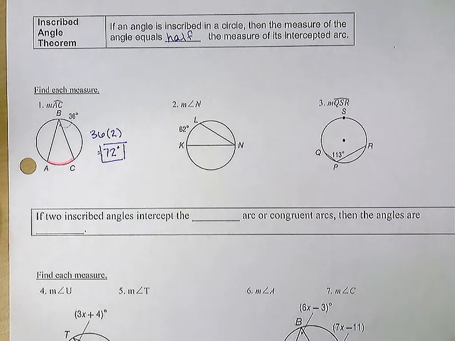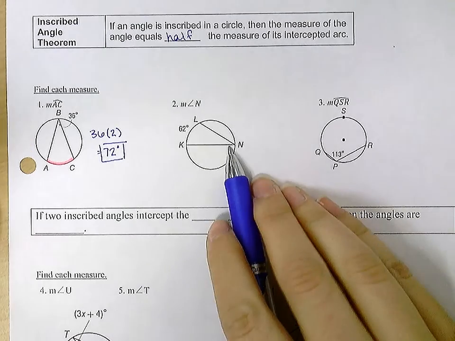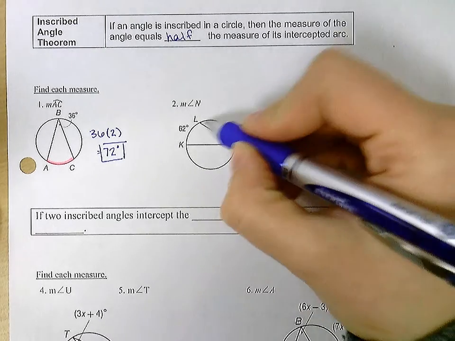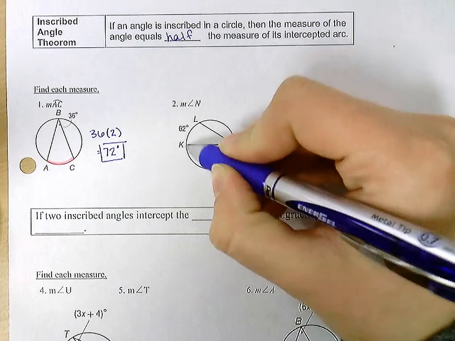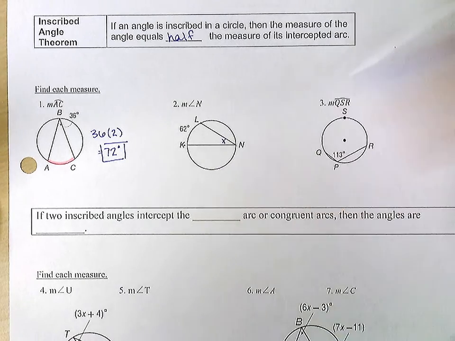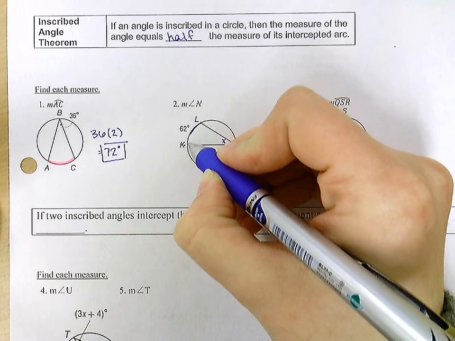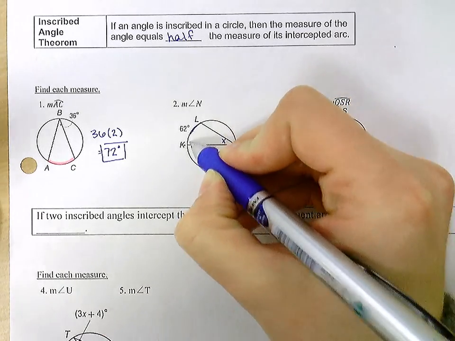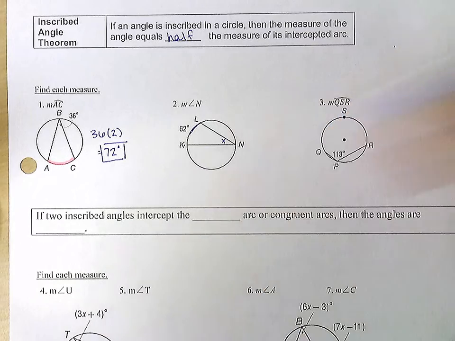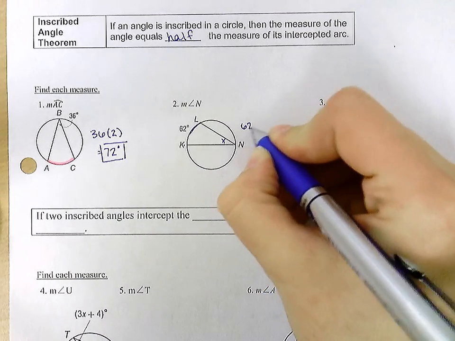Number 2, this time I'm trying to find angle N. It's talking about this angle L and K right here. So that one. Now I'm given my intercepted arc this time is 62 degrees. Trying to find that inscribed angle, we just do the reverse.